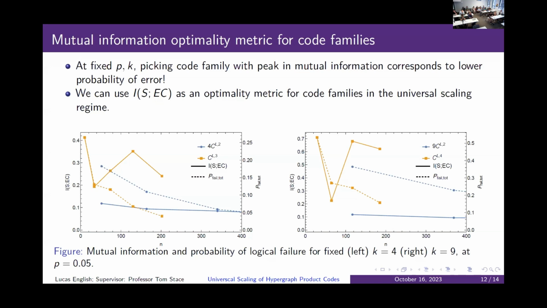So you can actually use this quantity, the mutual information, as an optimality metric. So you can compare different code families in this universal scaling regime in order to figure out which one has lower probabilities of error. So it's an interesting metric that you can use to compare code families.